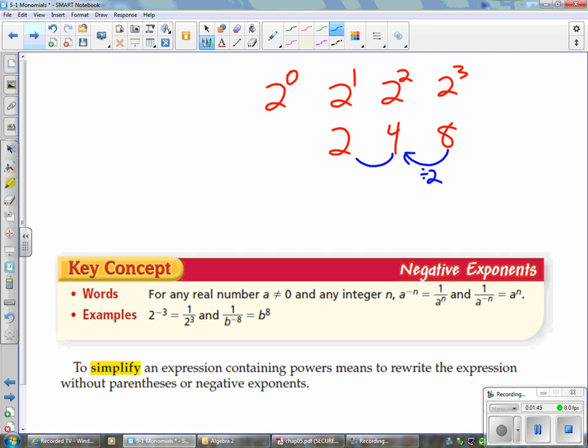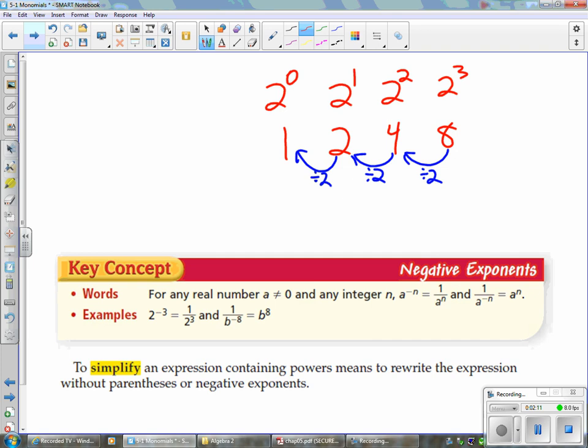If I divide by 2 again, I'll get down to 2. So as I drop in exponents, I'm taking away each of those 2's. So 2 to the 0, to follow the pattern, what do I get if I go 2 divided by 2? 1.